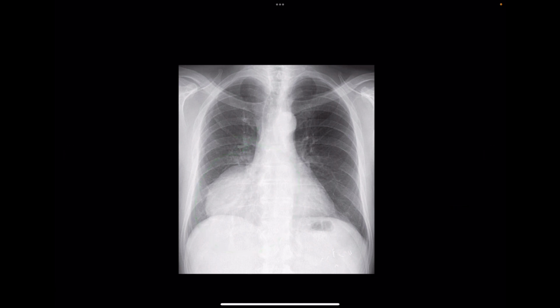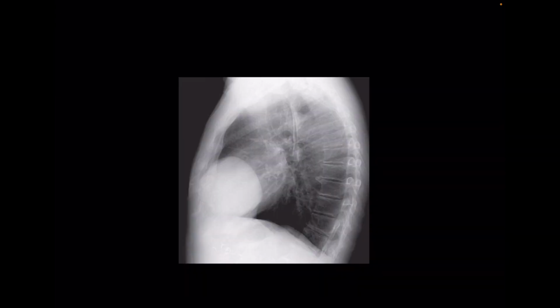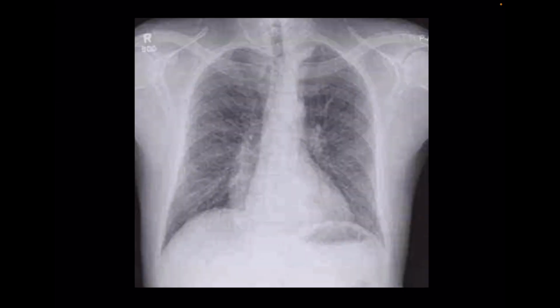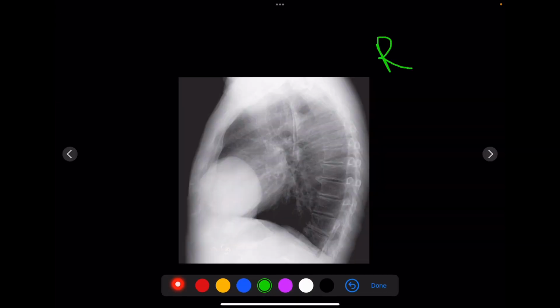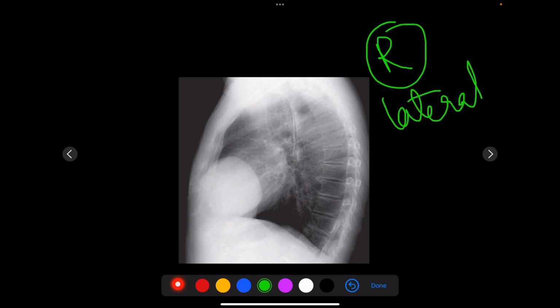Okay, this same mass we'll do a right lateral view. Let us see how it is. See, this is a right lateral view. Compare this with the first slide that I showed.